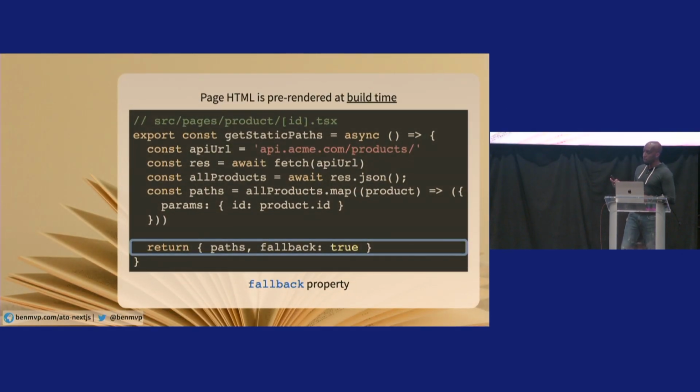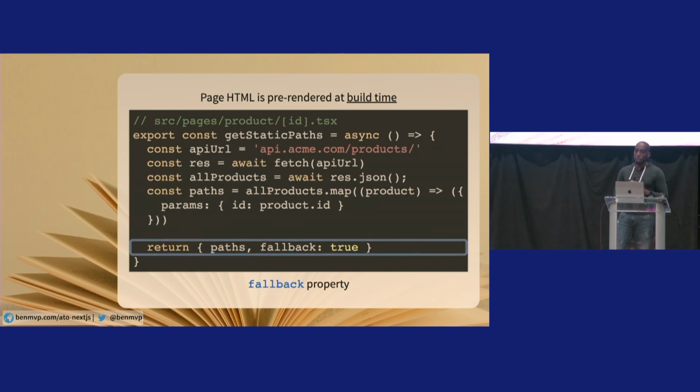But alternatively, we could do fallback: true. What that means is that we will still pre-render those 100, but if anybody comes to a 101st or some other URL, we'll actually try to render it. So we'll make the request to the API to get the data and show a loading state until we're able to render it.